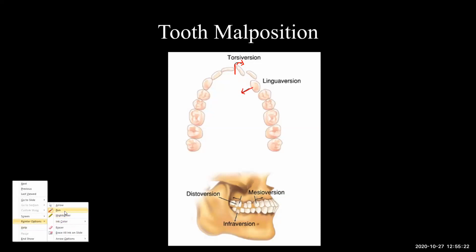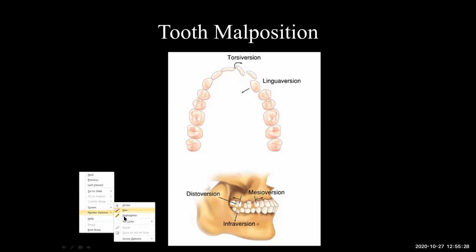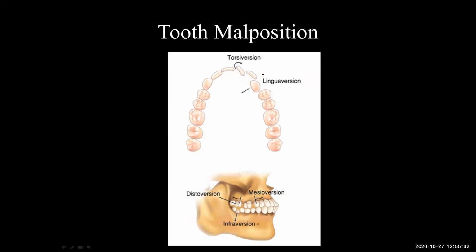So when you're looking at occlusion and trying to find all of your rotations, what you want to do is put this imaginary line through the central fossa.